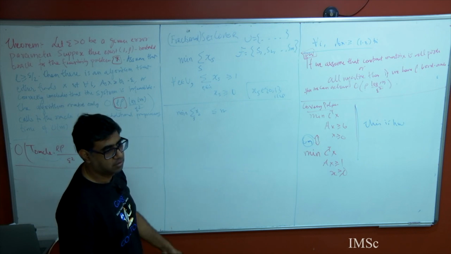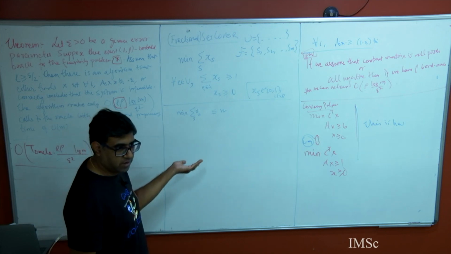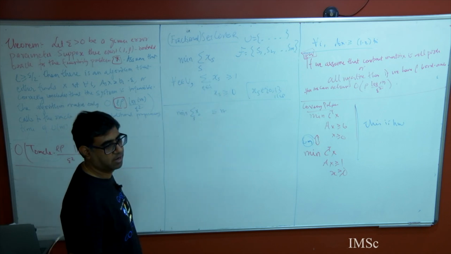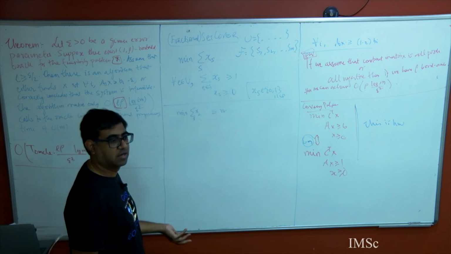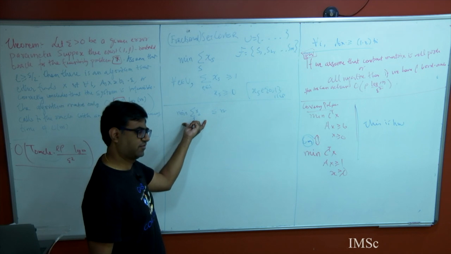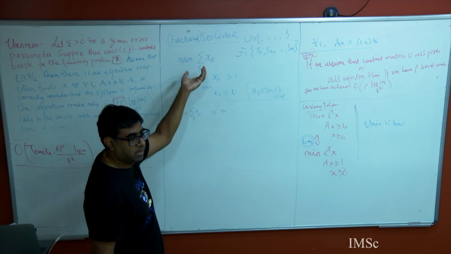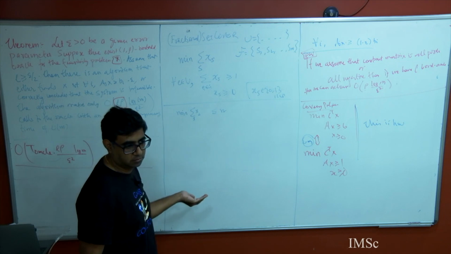Definitely this is feasible, because for every element I have arbitrarily picked one xs. How many sets have I picked? n sets, and the rest I set to 0. So this is definitely a feasible solution, and clearly if I want to do minimization, I can only do better.